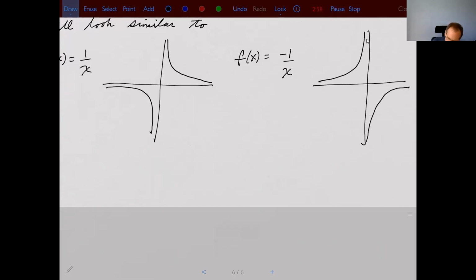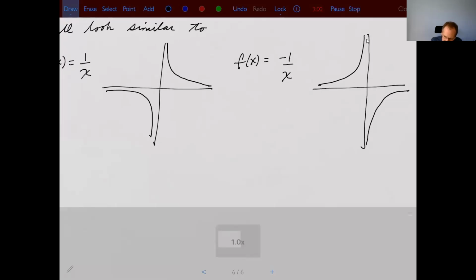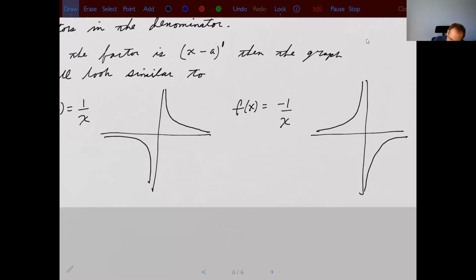Well, what I mean is if the power is a 1, then near that vertical asymptote, if you approach from one side, like if I approach from the left here, one side is going to go either to, in this case, negative infinity. In this example, it's going to positive infinity.